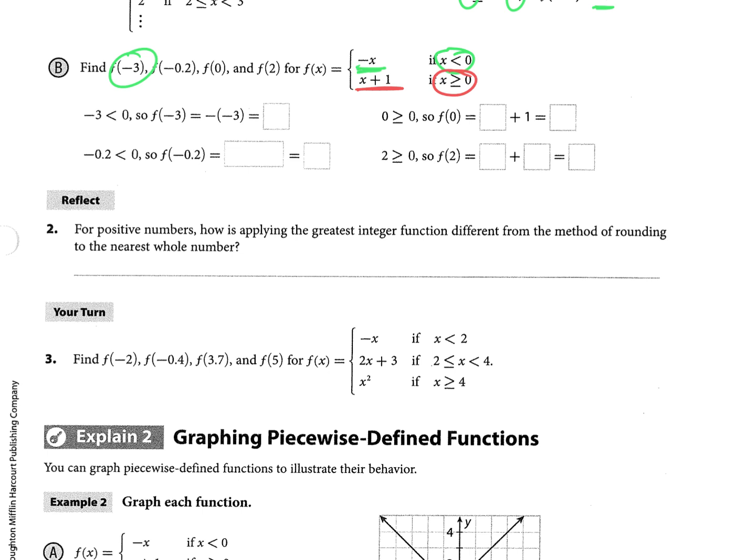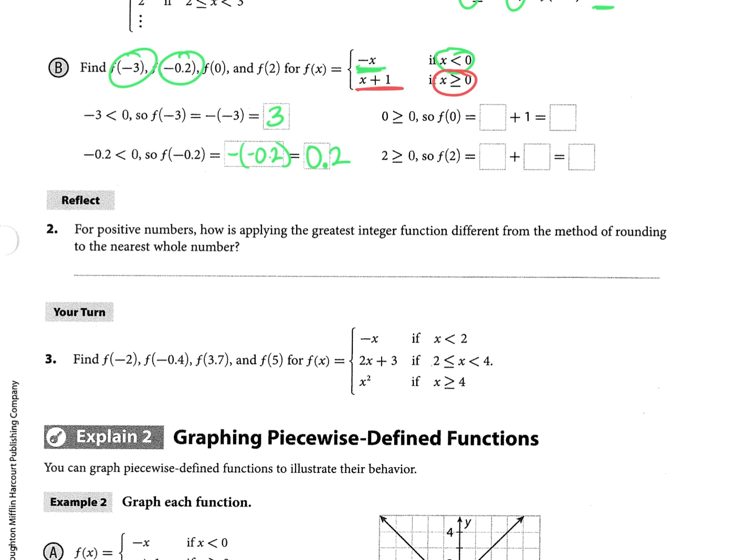Negative times negative 3 turns out to be a positive 3. Then we have negative 0.2, which is also below 0. So we plug that in, which gives us positive 0.2.